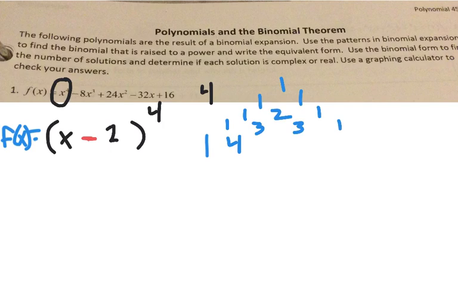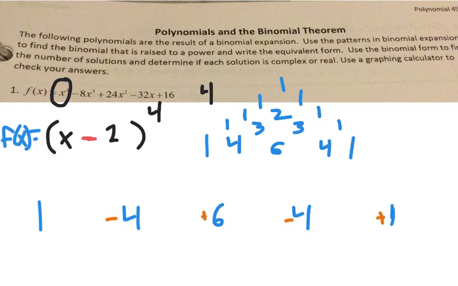It's going to be 1, 4, 6, 4, 1. I'm going to be alternating the signs. So I've got a positive and then a negative, and then a positive, and then a negative, and then a positive. But that's what you have to do when there is a subtraction sign between them.